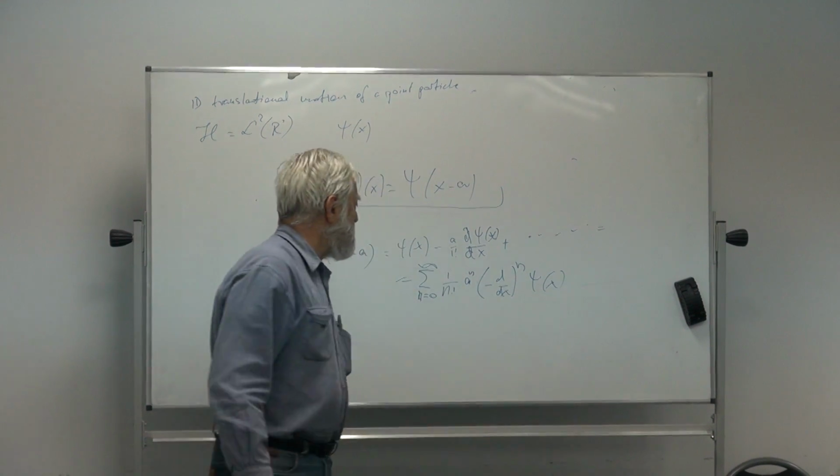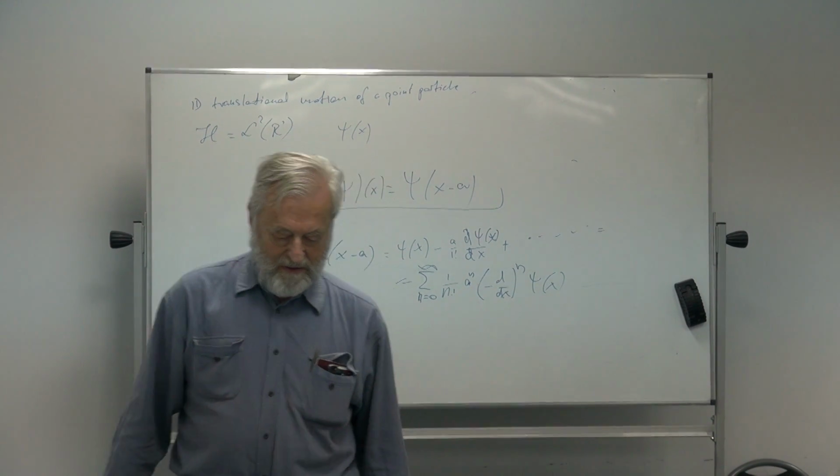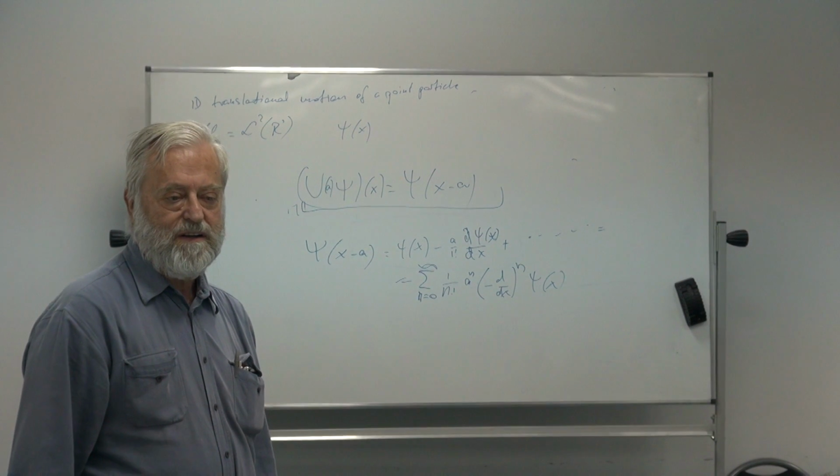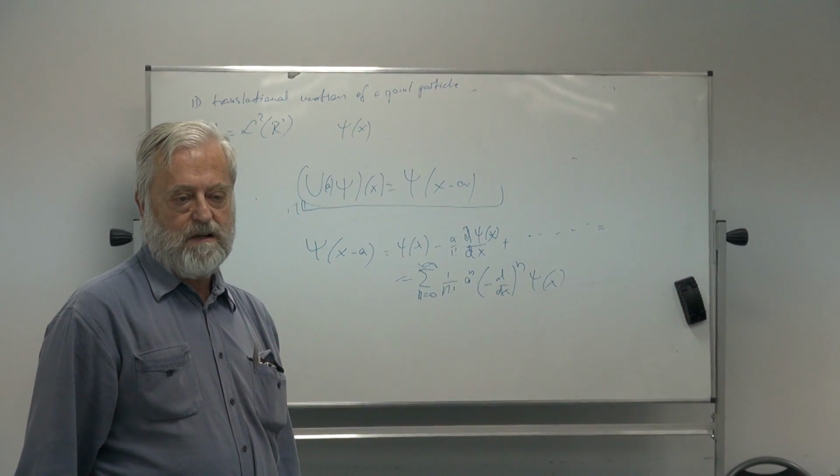Do you agree that this is a compact way of writing the whole Taylor expansion?